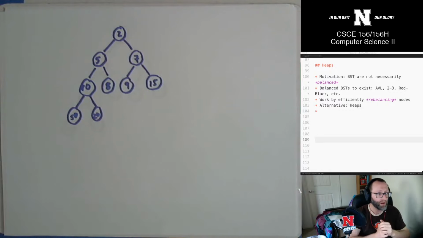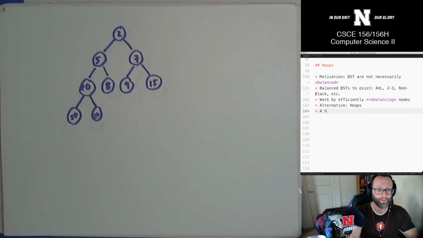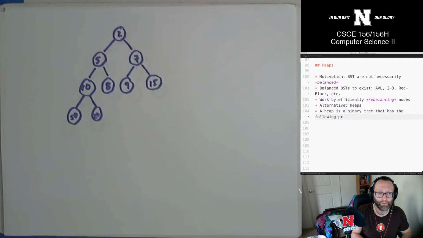Over here we've got an example. This is called a min heap. But let's go ahead and define this. A heap is a data structure that holds stuff. Actually, instead of just calling it a data structure, let's call it what it is: it's a binary tree that has the following properties. I'm going to simplify this so that there are only 2 properties.